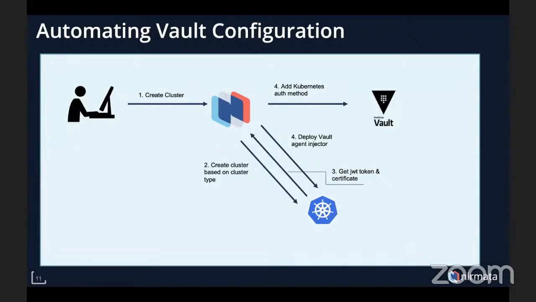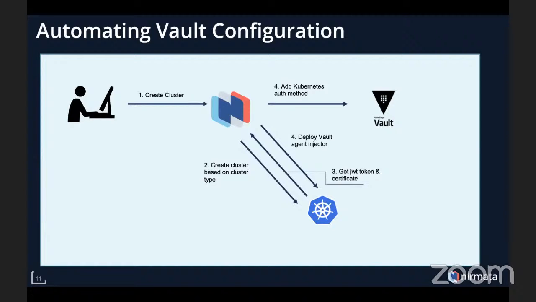Here is a quick diagram of what this looks like. Let's say you have a developer or an admin provisioning a cluster. In this case, they're using Nirmata to provision the cluster, and they can specify in Nirmata that this cluster should be using Vault.